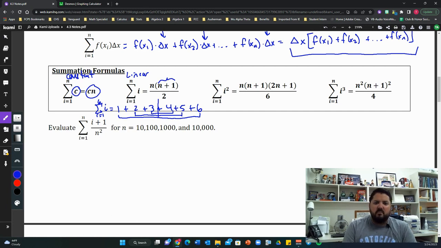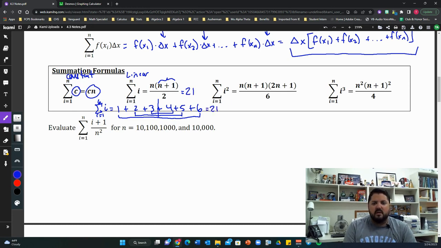That's the number of pairs that I end up with in that series when I fold it on top of itself. So the shortcut is to take your n, add 1 to it, which gives me 7, and then n divided by 2 is the number of pairs that total to that value. So I know that the first 6 integers added up is 7 times 3, or 21.